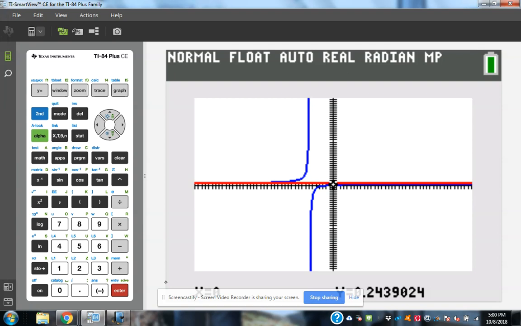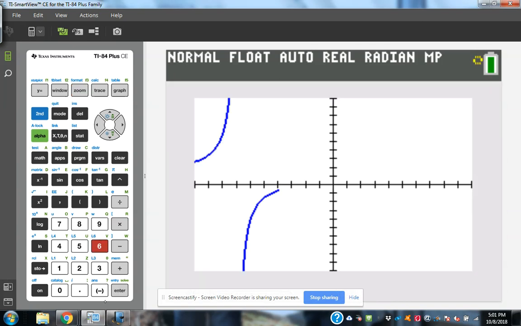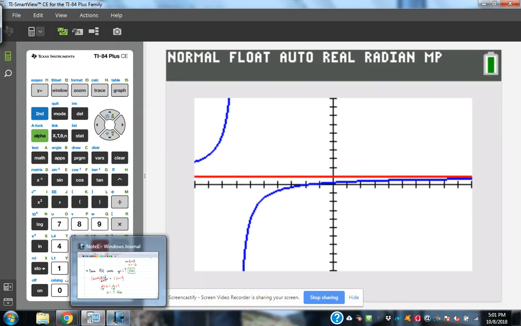So as it's getting closer and closer to it, but if you moved out here and really zoomed in there, you can see there's a little gap between it. It'll be real obvious if it crosses it. And it usually does it pretty close to the center of the graph if it does cross it. Algebraically is the real way you want to check it, but you can check the graph and get an idea whether or not you need to even do all that algebra. Okay. Hit zoom so it can get back to my normal view.